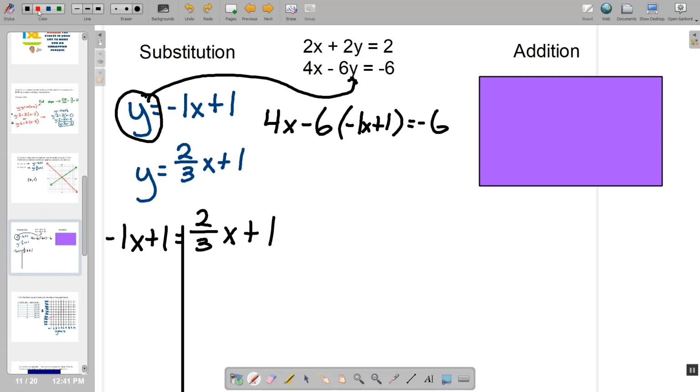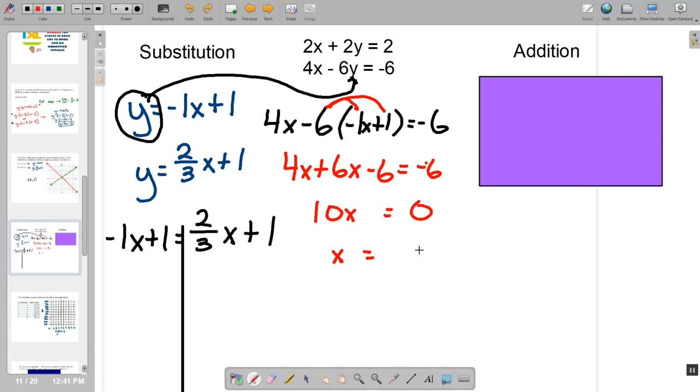The reason why I do this is I do not have the 2/3 in here. So if you are somebody who is not a big fan of fractions, this method will work just fine. So minus 6 equals negative 6. From here I get 10x equals 0 and x equals 0.